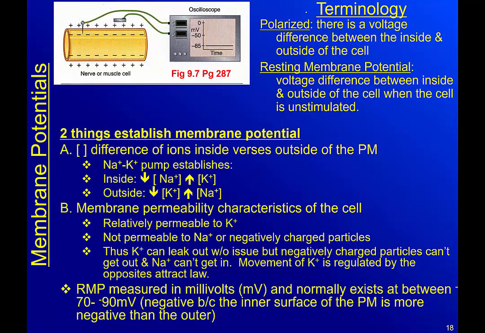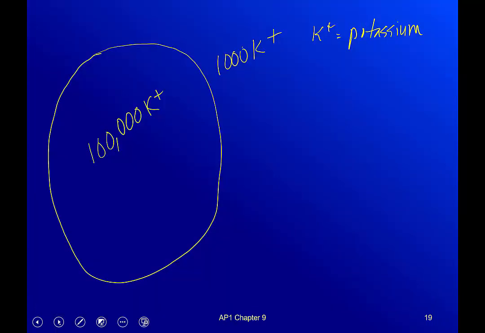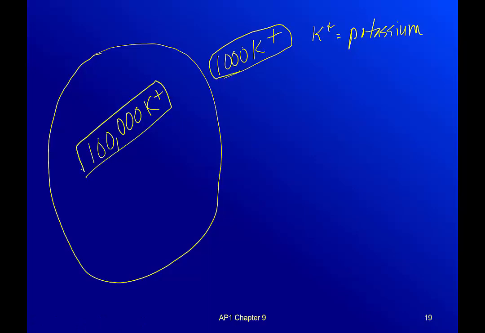Terminology-wise, we have cells that are polarized, meaning that there is a voltage difference between the inside of our cell and the outside of our cell. So if we look here, I have 1,000 positives outside of my cell and 100,000 positives inside my cell. I would say there is a huge difference between what's outside versus inside.